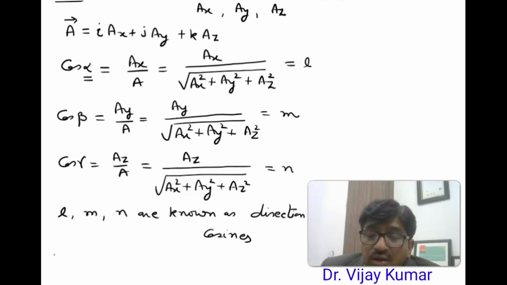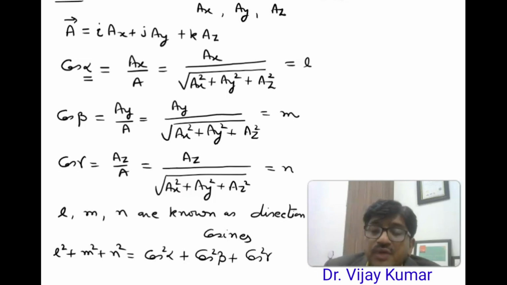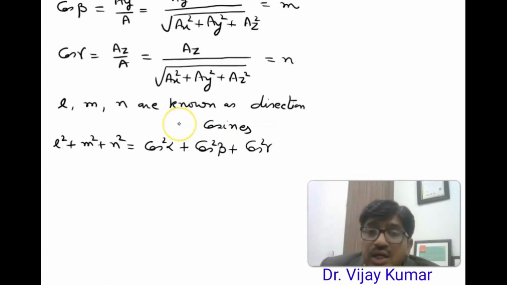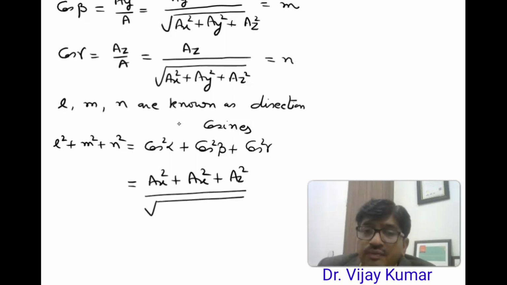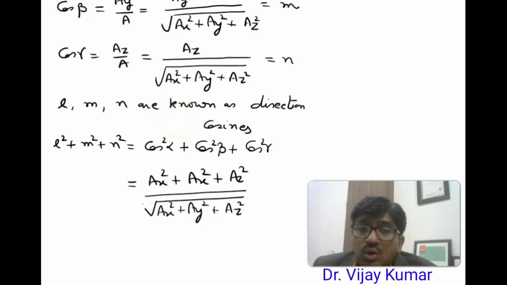And L square plus M square plus N square should be cos square alpha plus cos square beta plus cos square gamma, and after putting the value of cos alpha, cos beta and cos gamma, AX square plus AY square plus AZ square upon under root AX square plus AY square plus AZ square whole square, and it should be 1.